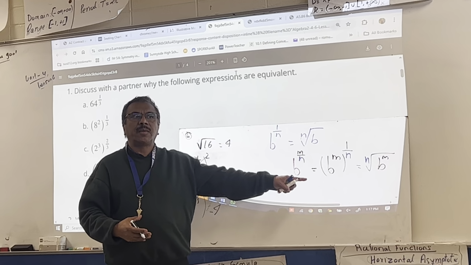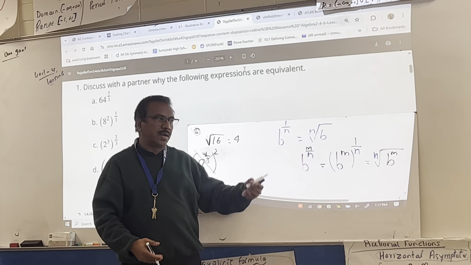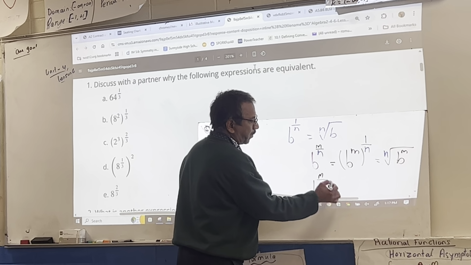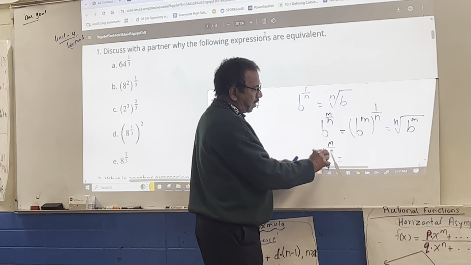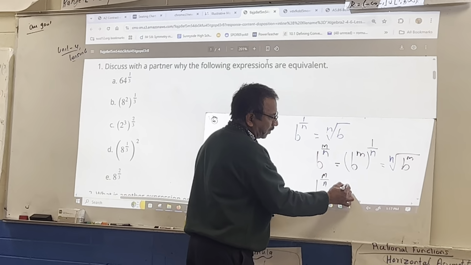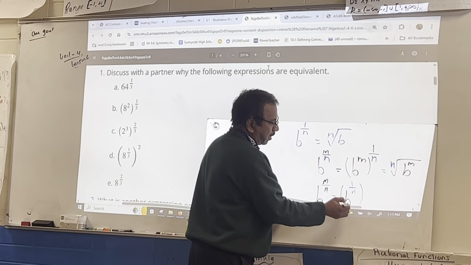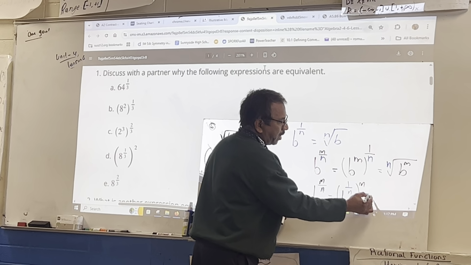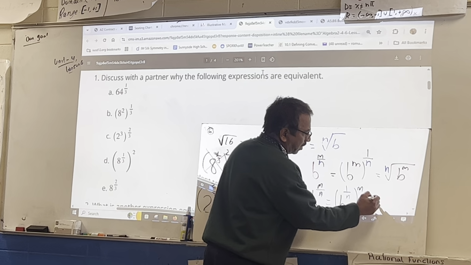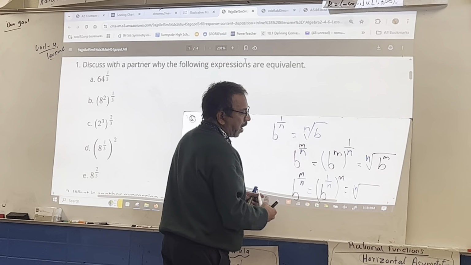So I still want to keep this as a flashback of what we learned earlier. Another way to write b raised to m over n: the blue part is right here, I will write 1 over n inside. So this is b raised to 1 over n, and the numerator m I will write up here, and inside the parenthesis it is as good as writing n here because of the divide by n.